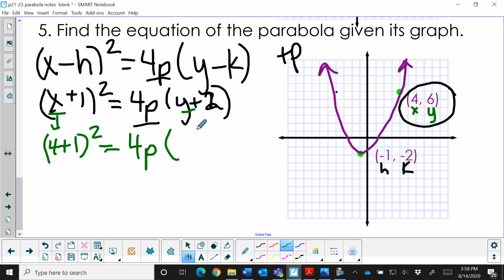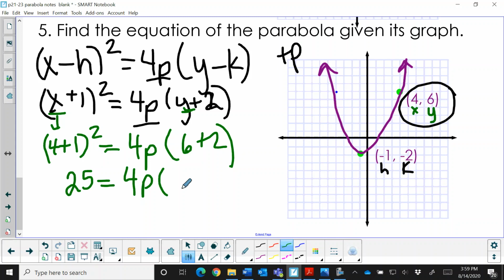The y value is 6, so plug in 6 plus 2. And let's simplify this. So this is going to give me 5 squared, or 25. Bring down my 4p, and I have 6 plus 2 is 8.